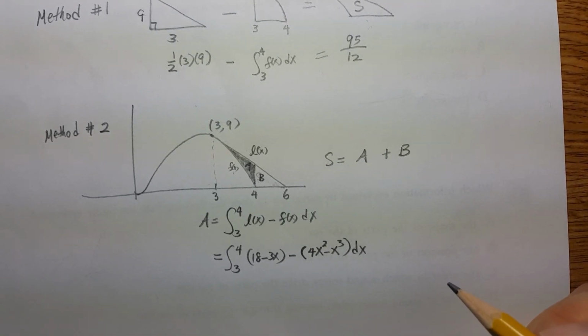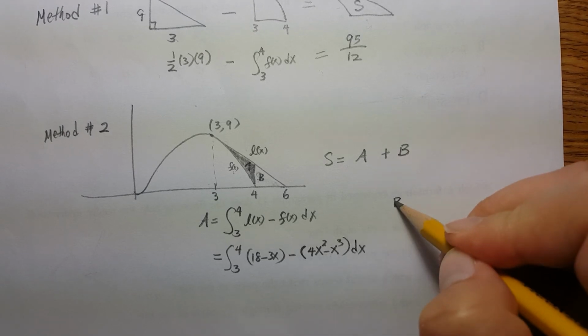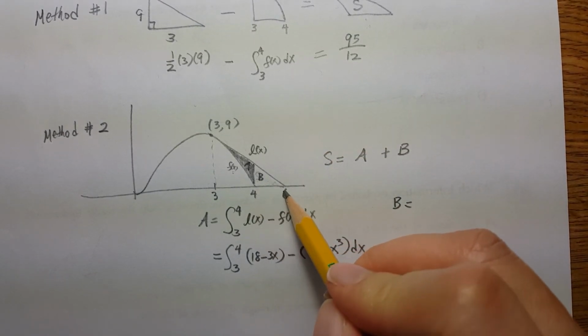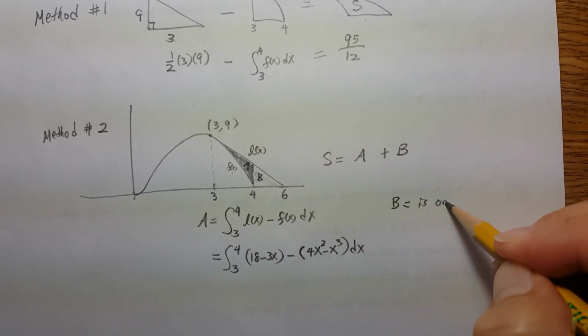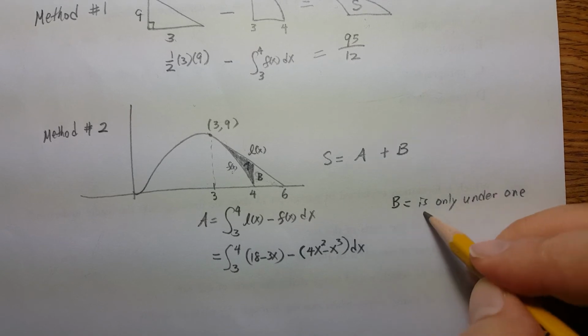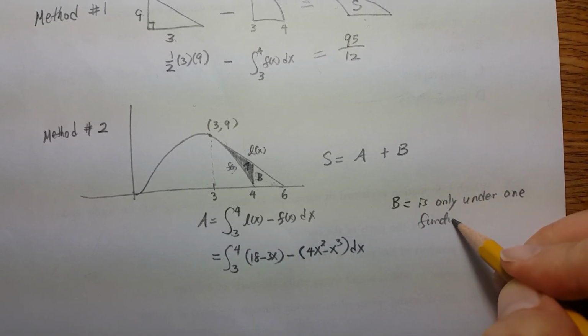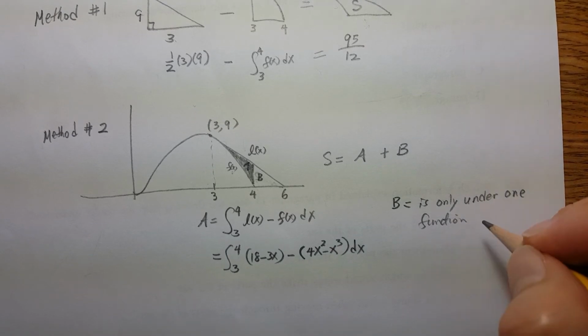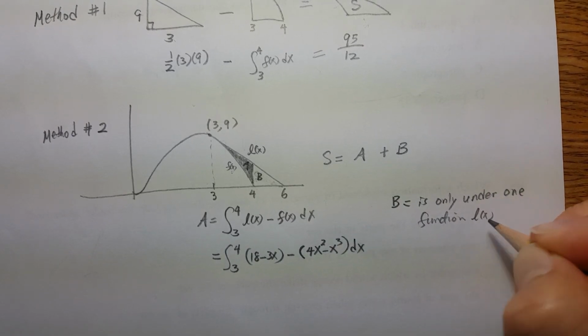And then B is the white part over here. From 4 to 6 it is only under one function, L of x. Over here, there are more than one way to do it.